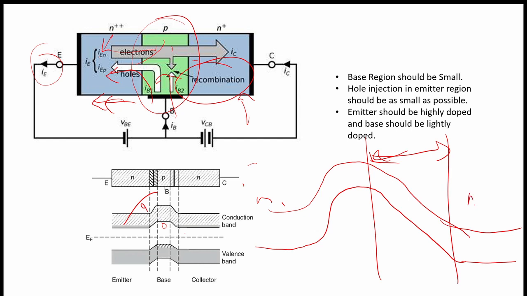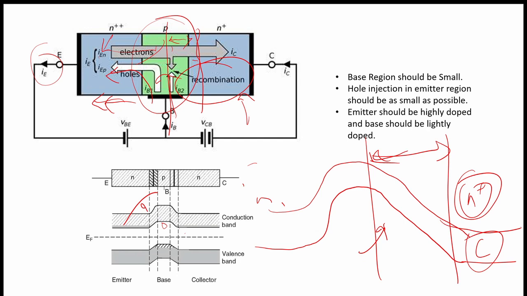If this collector region is highly doped, n plus doped, what will happen is the extent of the depletion region in the collector region will be lesser. If this p region is less doped, the extent of the depletion region in the p region, or the base region, will be more if it is lightly doped.